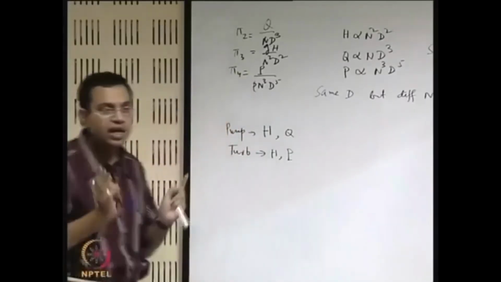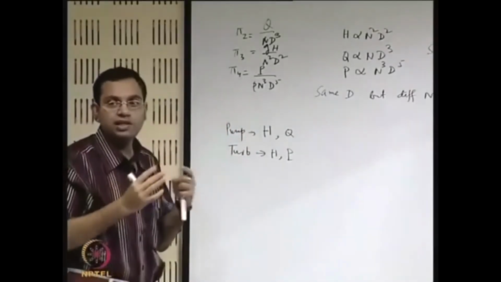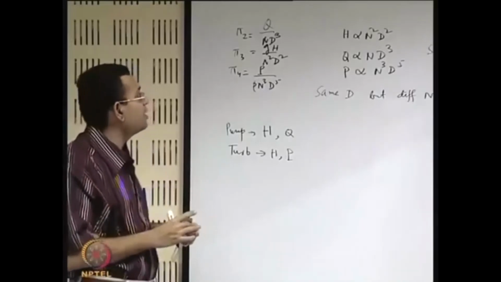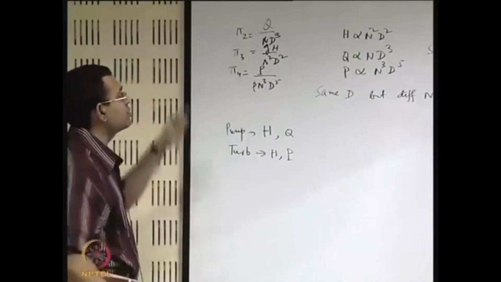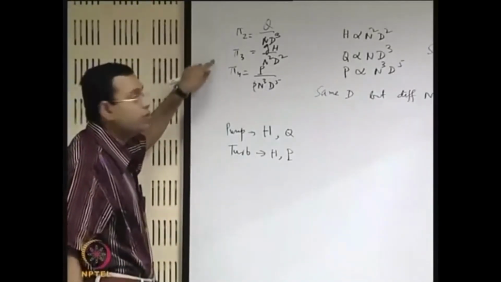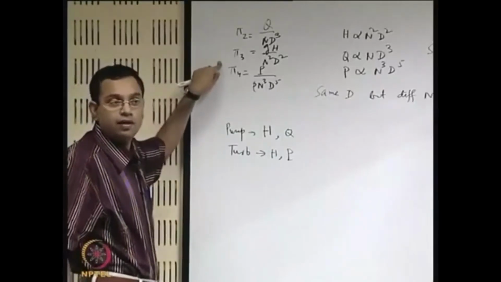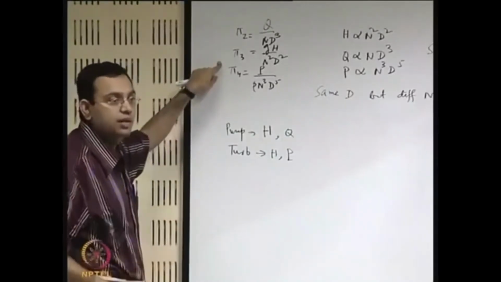So, if you want to get a general picture independent of the diameter, then your next objective would be to somehow combine these to eliminate the diameter. It is just a simple algebraic elimination.